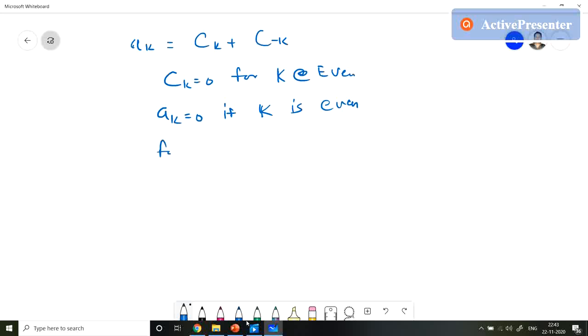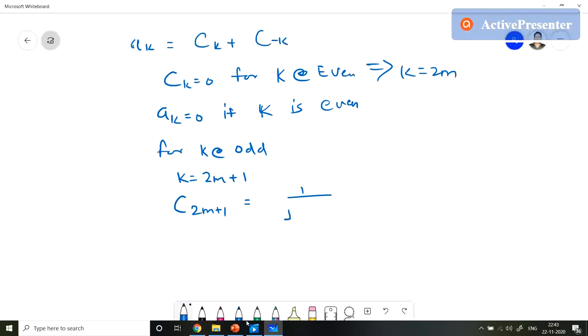Now for k odd, that is k equal to 2m plus 1. When we have even, we have k equal to 2m. So when we have k equal to 2m plus 1, that is the odd case, c of 2m plus 1 is equal to 1 divided by j pi (2m plus 1).